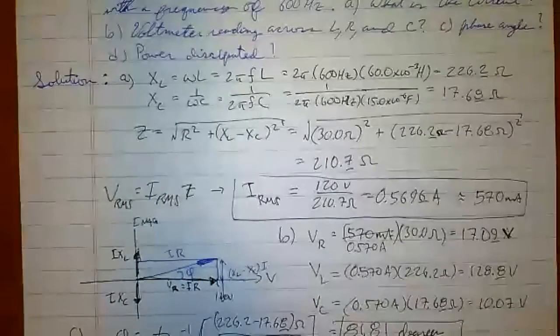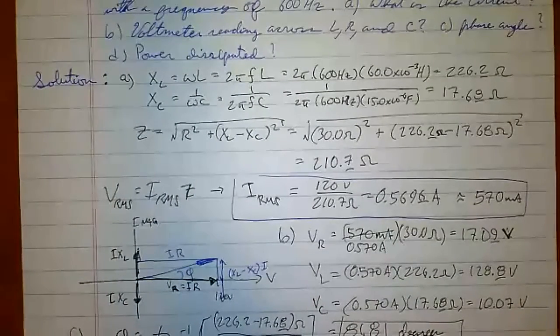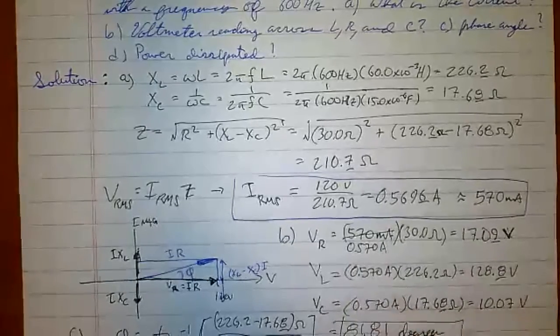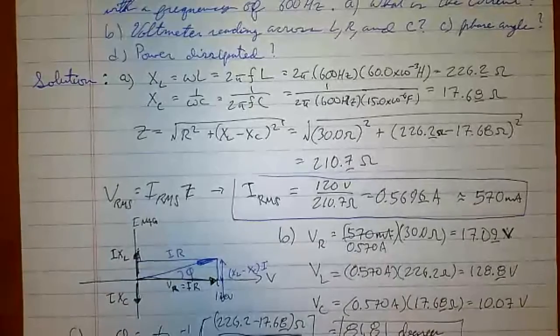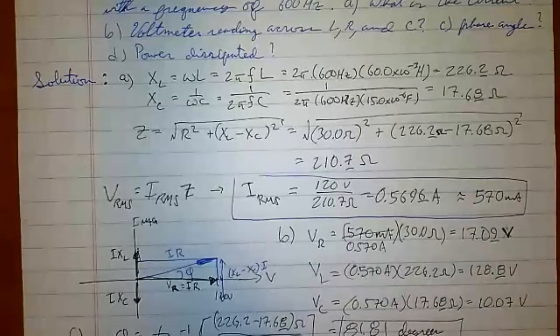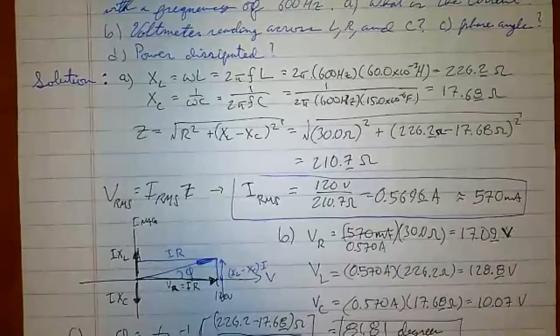So I'm going to take the IRMS, which is 0.570, actually 0.5696, carry extra digit, in other words, 0.5696 amps times 120 volts times the cosine of 81.81 degrees.